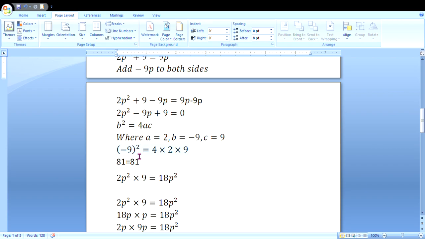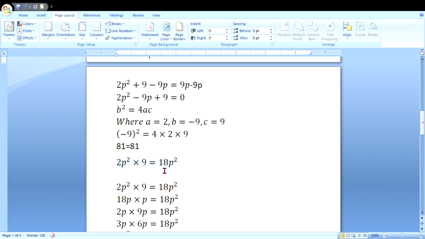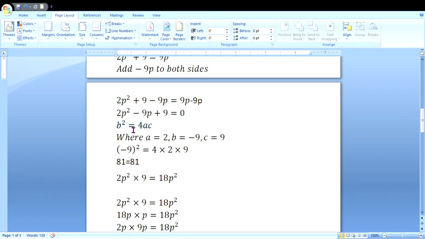If we put it in this expression, minus 9 all squared is equal to 4 times 2 times 9. You see that both sides are the same. It means that this quadratic equation is factorizable. And what do you need to do if you are factorizing this expression? You use the term containing the highest power of the unknown, which is 2p squared, and you multiply the constant term, which is plus 9.